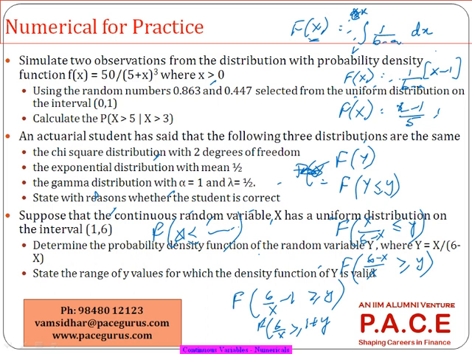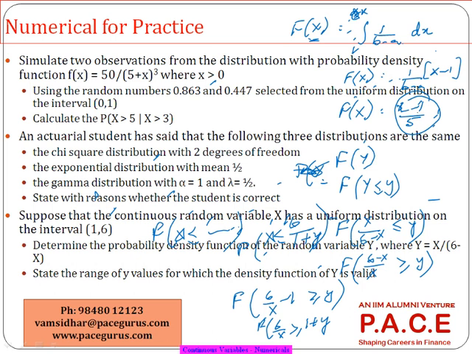That is nothing but the cumulative distribution function of x, which is x minus 1 by 5. So x by 6 is less than or equal to 1 by 1 plus y, so x less than or equal to 6 by 1 plus y.